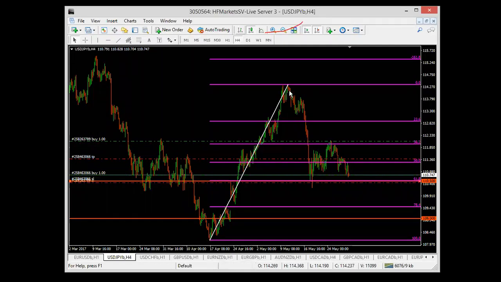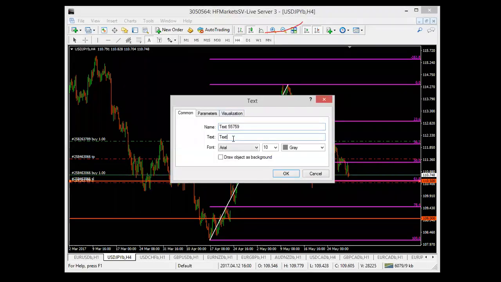We label this A, we label this B. That is A, B, C, D of Fibonacci. So this is A.